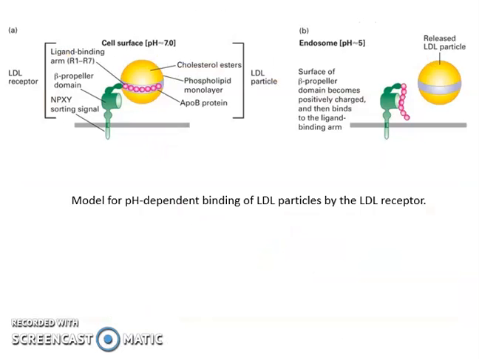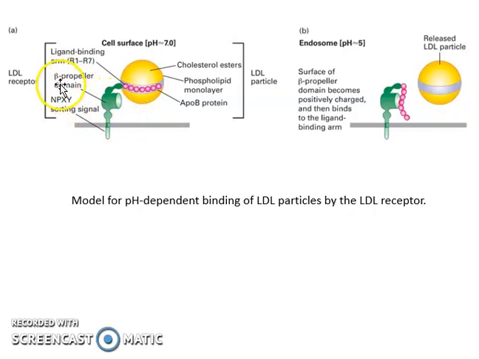So next we will see how pH affects the binding and the dissociation of the LDL receptor to the LDL particle. At the cell surface, the pH is neutral, that is 7.0. First we have to see the various domains of the LDL receptor.